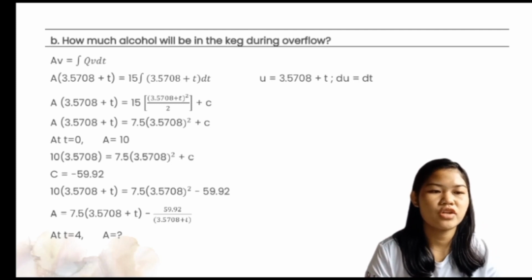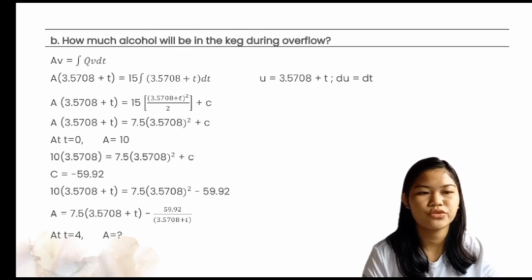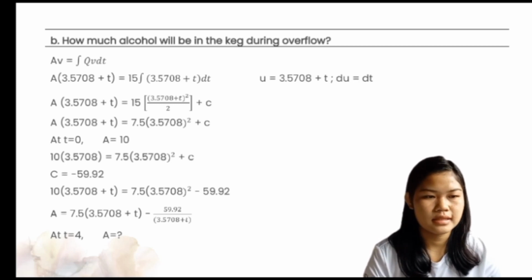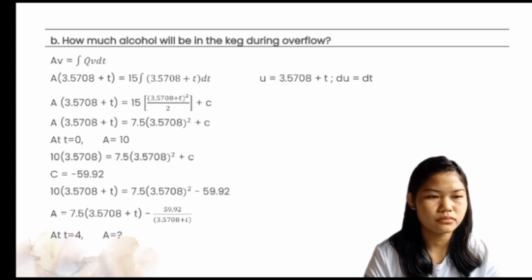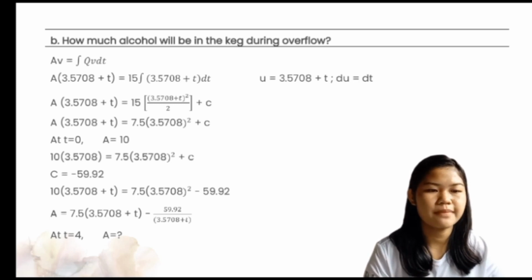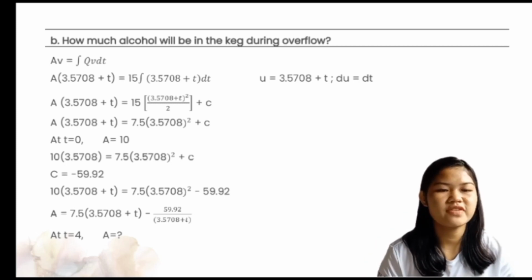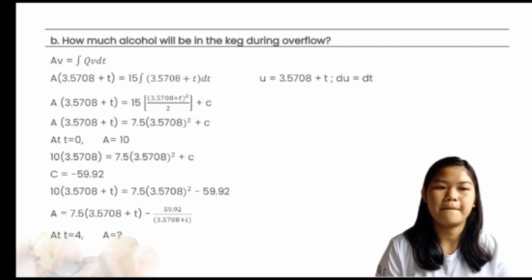We have A(3.5708 + T) is equal to 15 times (3.5708 + T) raised to the power of 2 over 2 plus C. And then we have A(3.5708 + T) is equal to 7.5 times (3.5708 + T)² plus C.